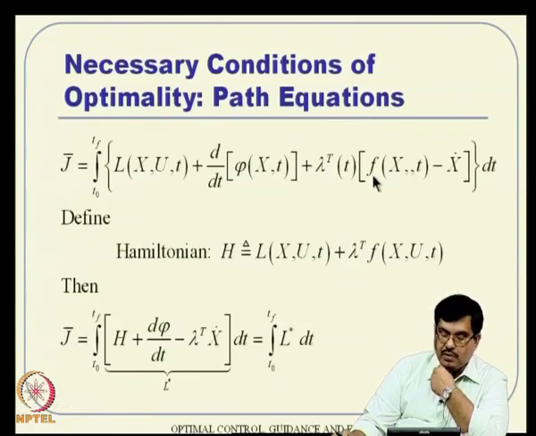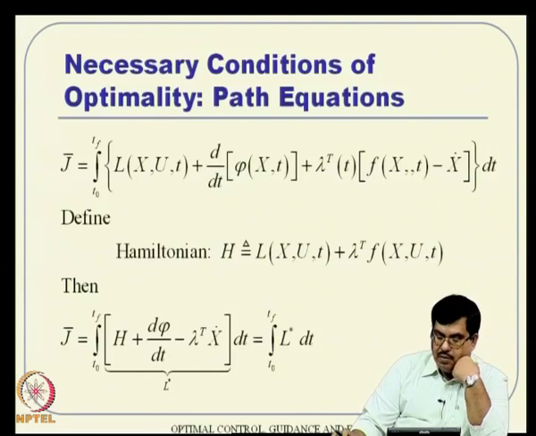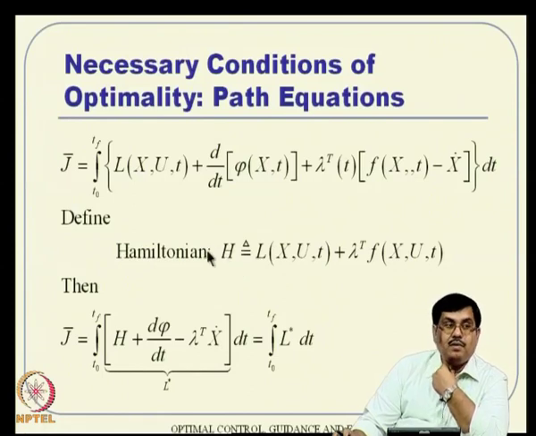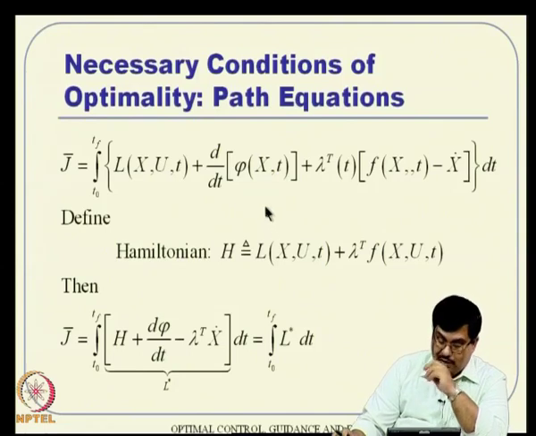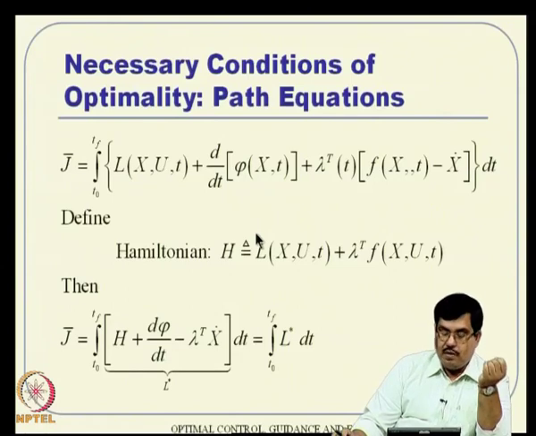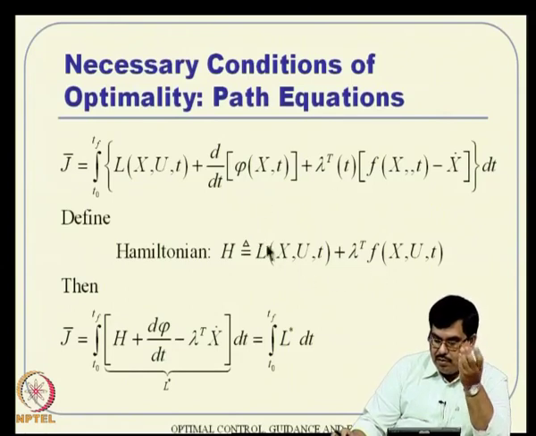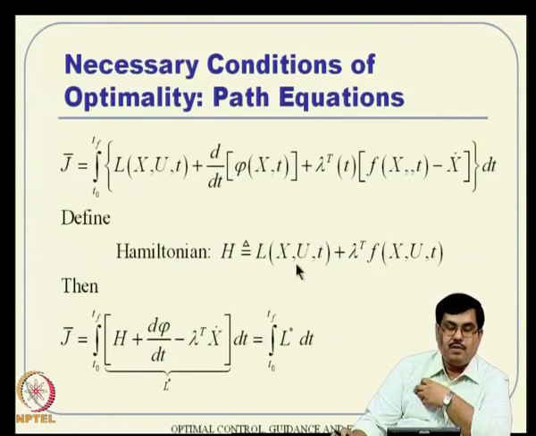Now, the further algebra goes something like this: wherever you do not see any derivative term, you define that as something like the Hamiltonian. This definition comes from Pontryagin's ideas. That history I will not talk about here, but it essentially comes from his ideas. Before that, people were all talking about EL equations and going directly there, but this particular concept of simplifying things was a great contribution from Pontryagin.